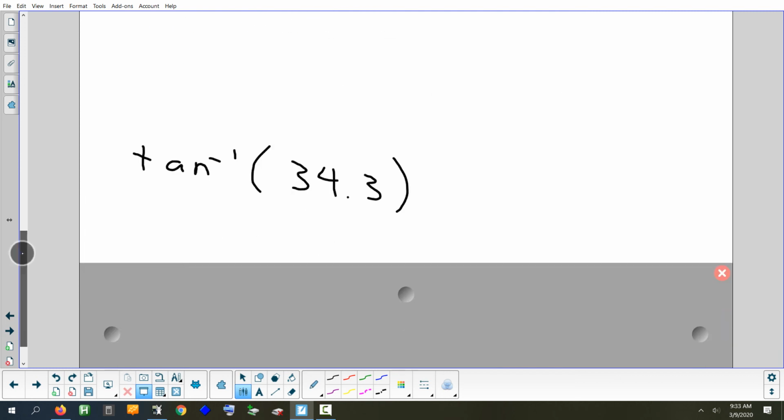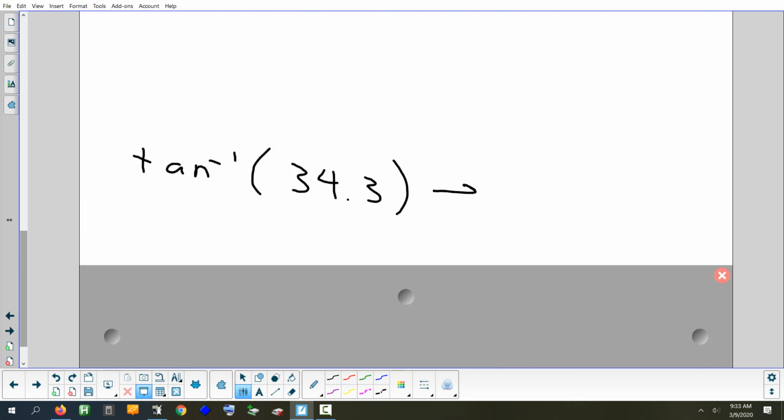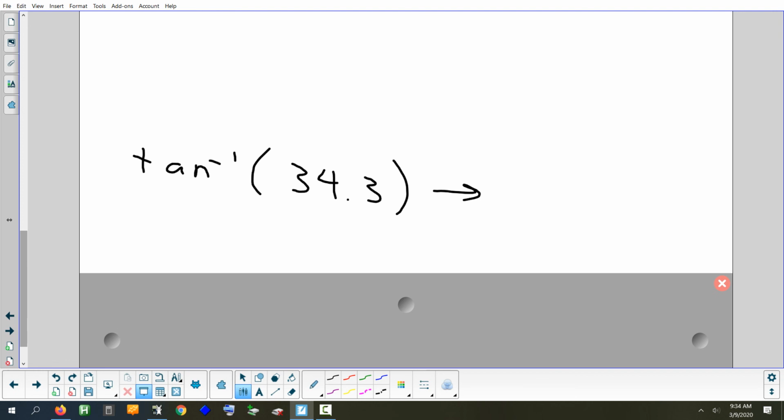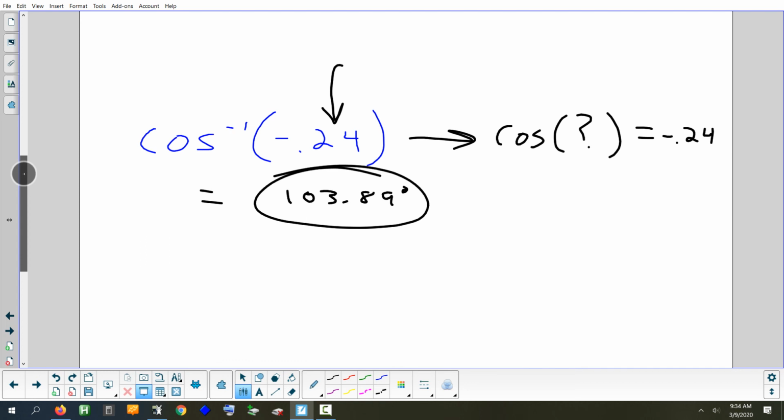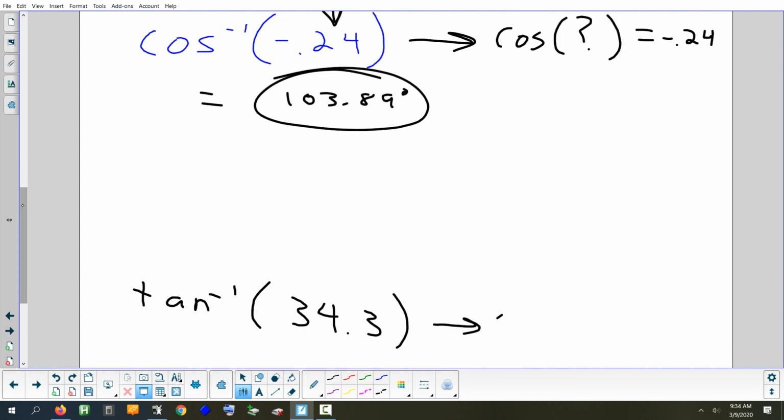Let's try this one. Can someone just tell me how to do what I just did on the last problem, kind of rewriting this? What's another way to think of what they're asking you for here? The opposite. So if you were going to put after that arrow, kind of like I just put after that arrow, what would you put?